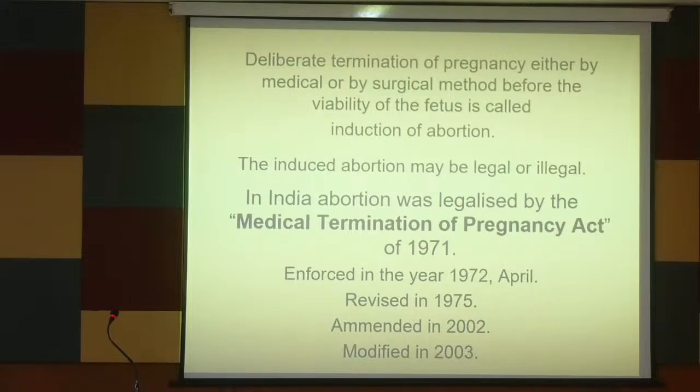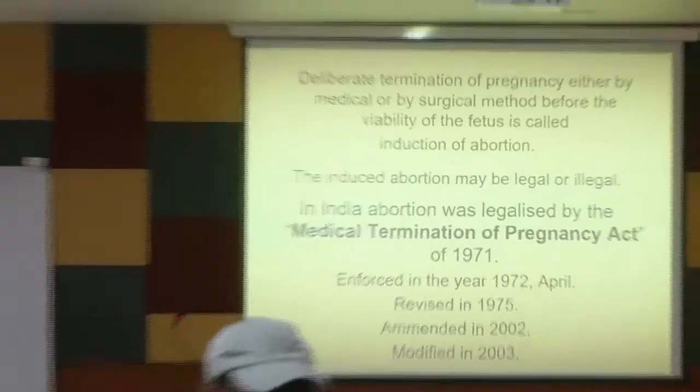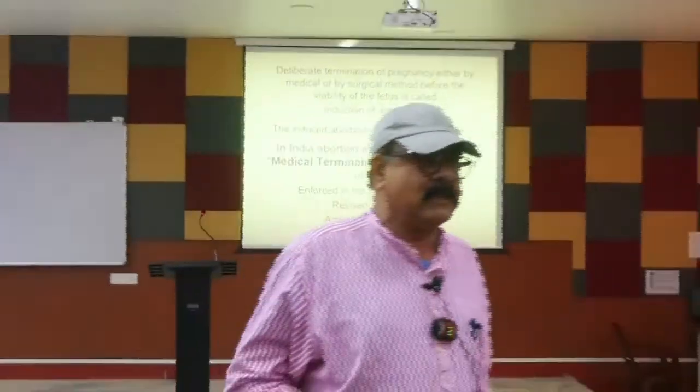This is most important. Why? Government of India first brought into force the Medical Termination of Pregnancy in 71. Why? They saw why they came into this. Why was the government bothered? They saw mothers dying like this.